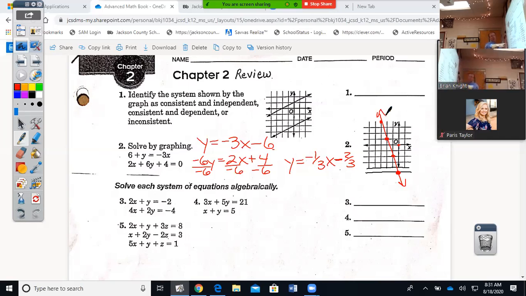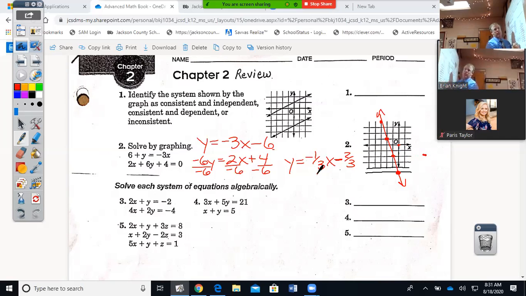And then for the other one, again, it's not the greatest because I'm guesstimating where negative 2/3 is. It's almost to negative 1, right? And from there, I'm going to go down 1, right 3. Well, again, if I go down 1, right 3, I'm going to be over here somewhere, and I'm not going to be able to really see.